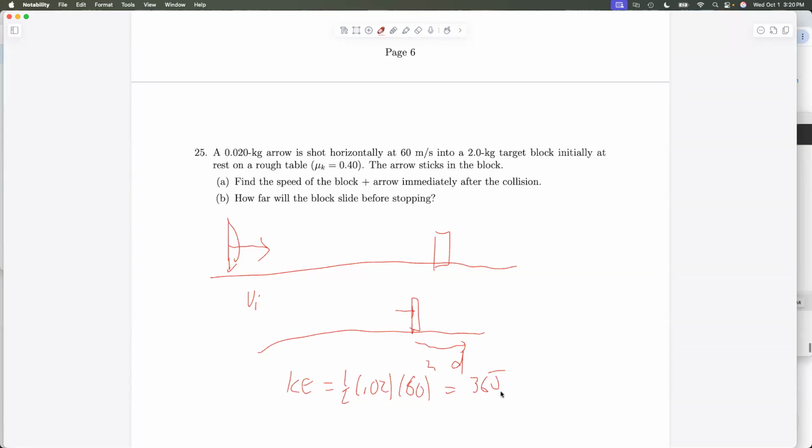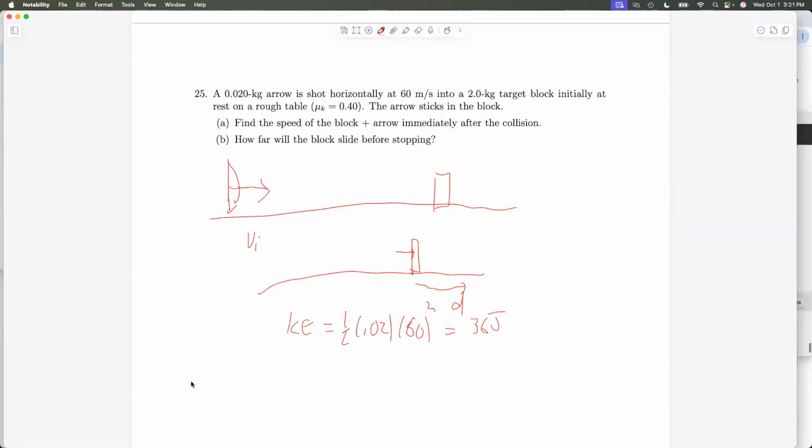That's how much energy we had. Some of that energy is going to get lost making the arrow stick into the block. Some of that energy is going to get lost to heat, to sound. It's going to make a whack, right? Imagine an arrow hitting a block. It's going to make a sound. We lost some kinetic energy.